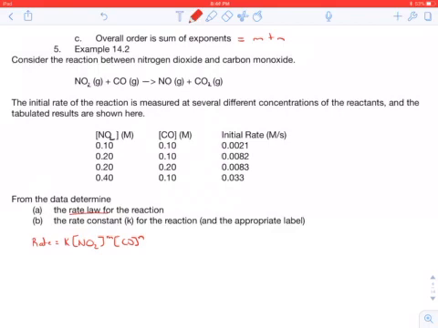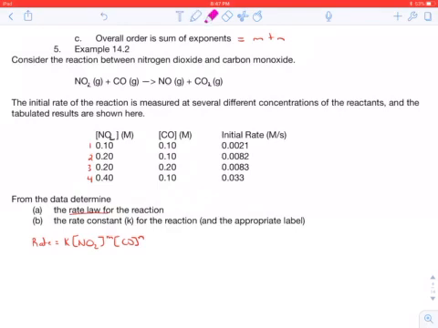So our goal here is to set two experiments, and I'm just going to number these experiments for easier use. We're going to put two experiments over each other to compare how the rate changes based on the concentration of those reactants, and we want to keep the other reactant the same.